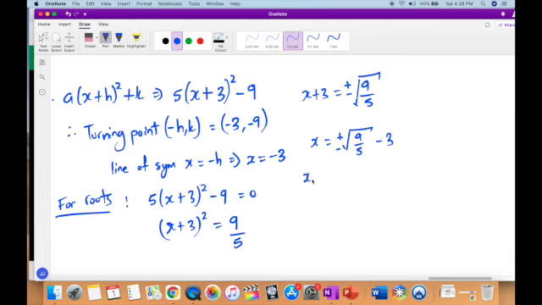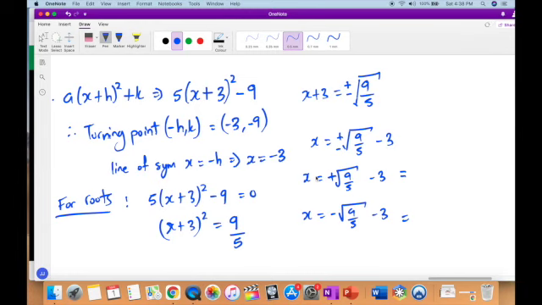One answer will be the positive square root of 9 over 5 minus 3, and the other answer will be the negative square root of 9 over 5 minus 3. So that is where, when you're using completing the square, you get your two roots from. The square root has two answers, a negative and a positive.